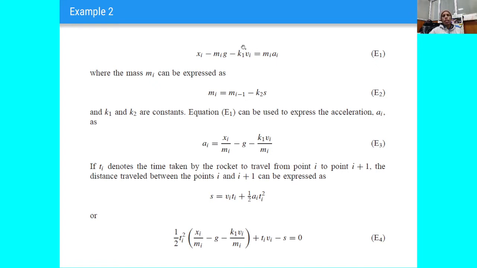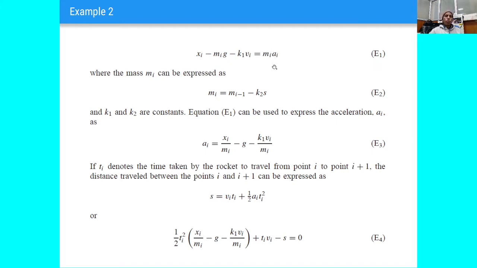Suppose vi is the velocity at control point i, so the air resistance is given by minus k1 into vi. So at any control point i, the net force will be xi minus mi into g minus k1 vi. This will be equal to the mass at that control point, mi, multiplied by the acceleration at the control point.